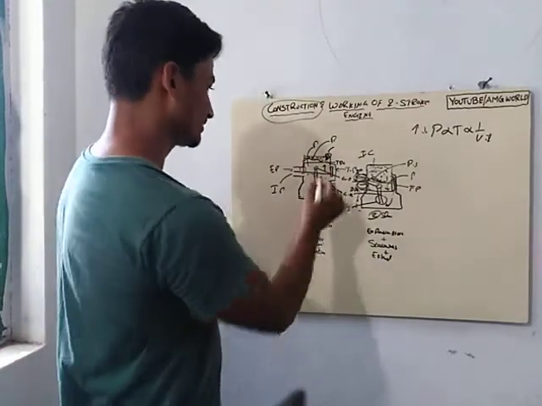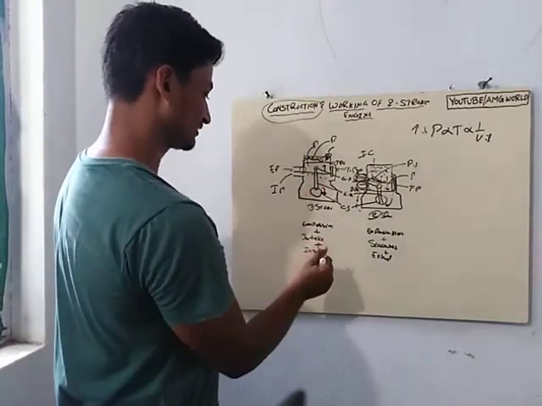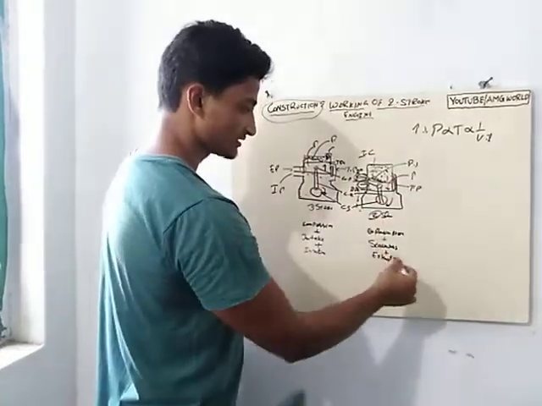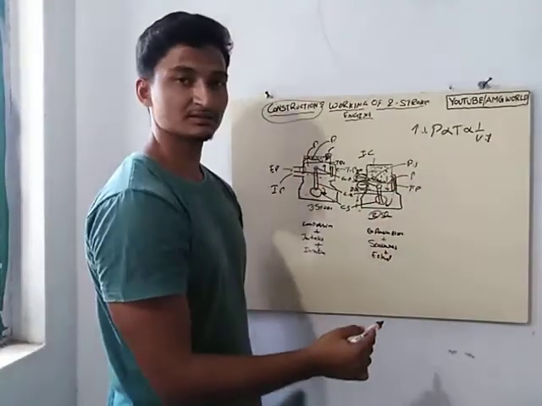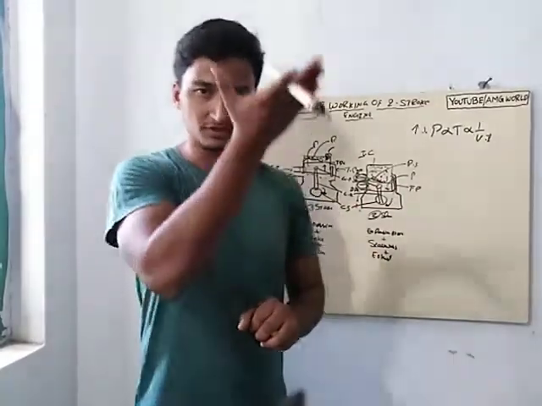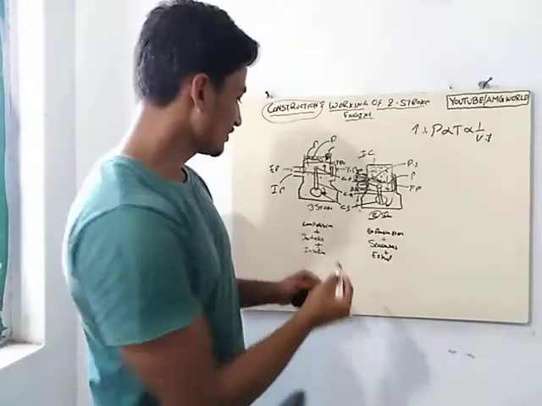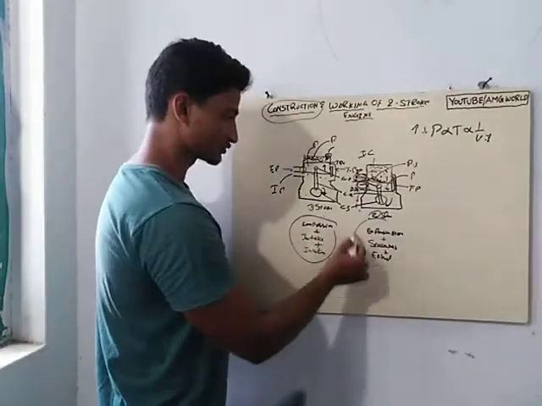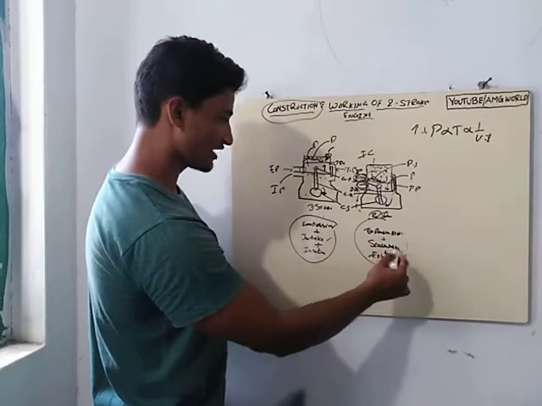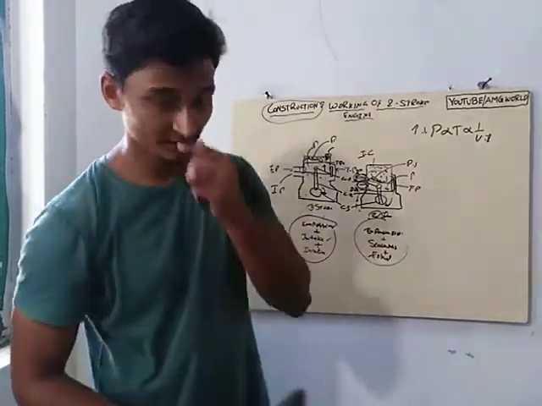Here we have compression, intake, and ignition at a time, and here we have expansion, scavenging, and exhaust, right? Within one up and one down movement of the piston, we have all these strokes. We have intake, compression, expansion, and exhaust. Additionally, we have scavenging and ignition, right?